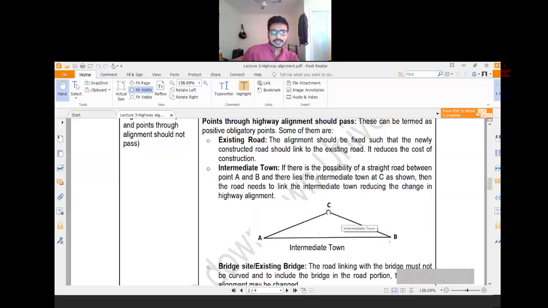Now it is always advisable to connect A to C and C to B. Why? Because if you connect C, it will serve a larger population, and the total need of the road could be served.